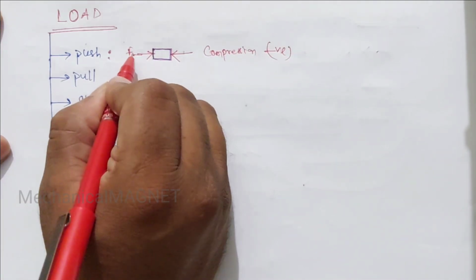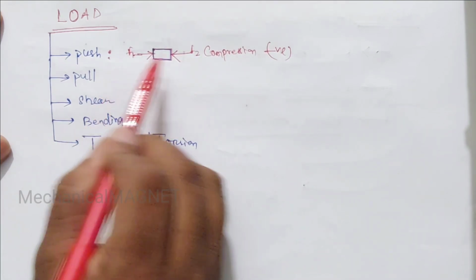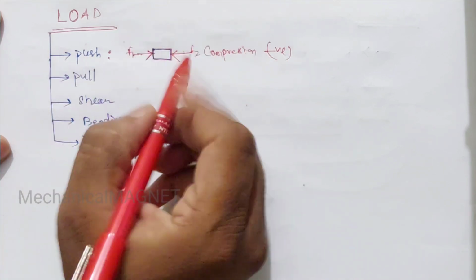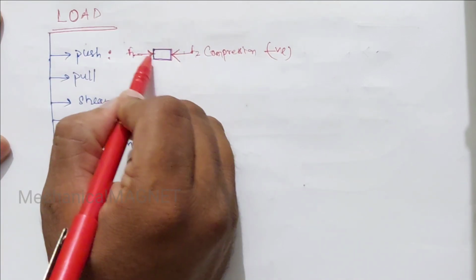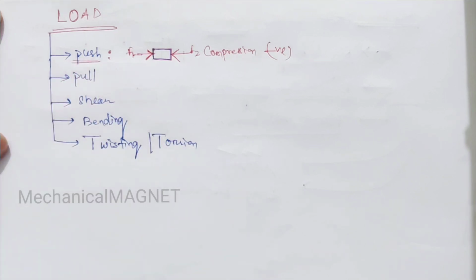This is the force F1 and this is also force F2. When two forces are acting on a body like the compression force, you can see the direction of the force like this, then this is known as the push load. So this is always the negative sign.